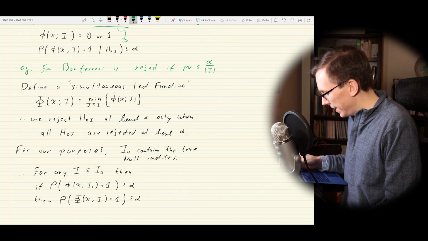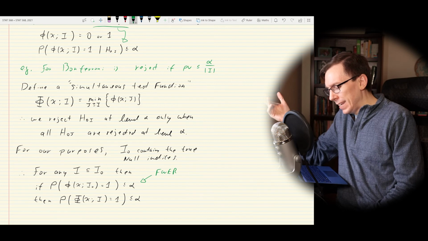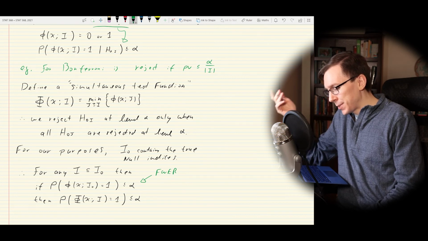So this guy here is really just the family-wise error rate expression. What it's saying is that the probability that we reject at least one of the null hypotheses is less than or equal to alpha.